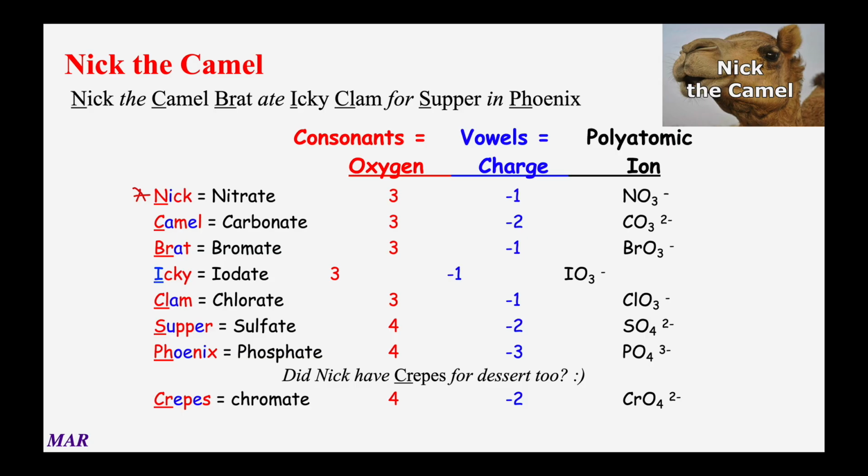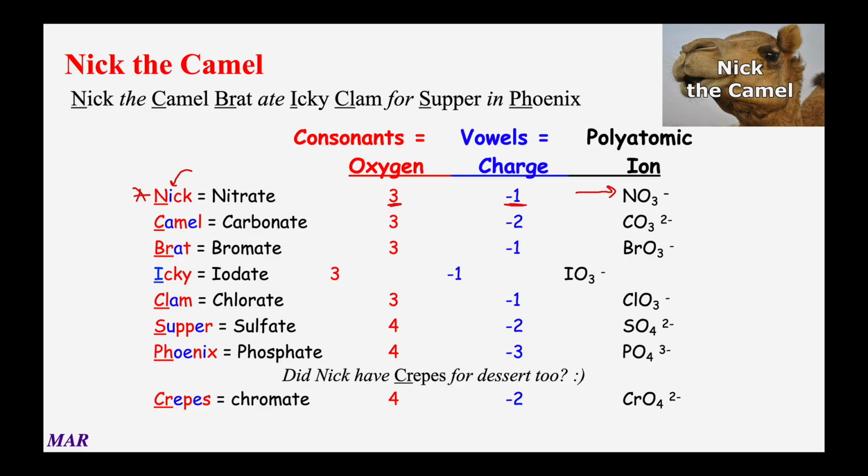There are 3 consonants. And just as a quick reminder, vowels are A, E, I, O, U, and consonants are basically everything else. So there's 3 red letters, 3 consonants. That means 3 oxygens. And because there's 1 vowel, all right, that means there's a -1 charge. So from Nick, you can kind of deduce that nitrate is NO3 minus.